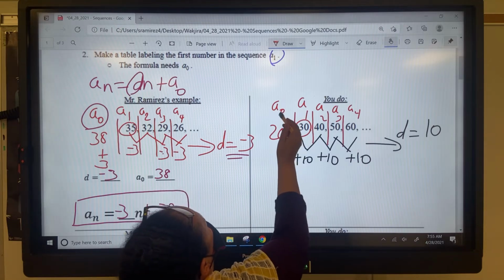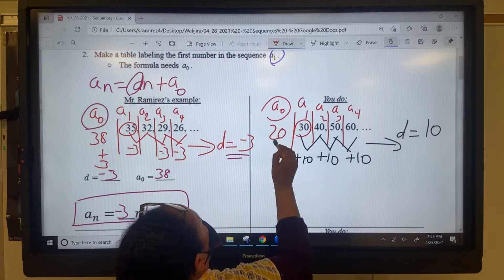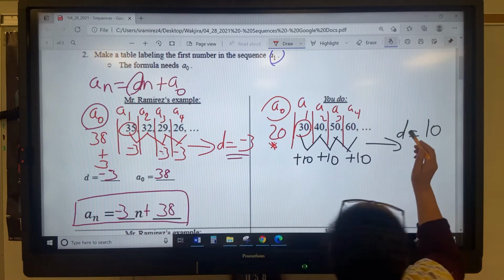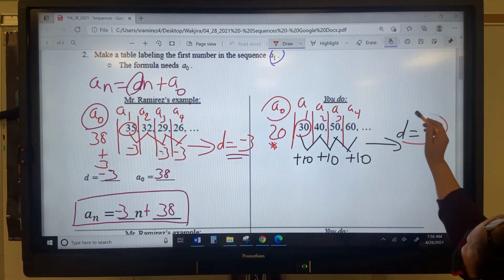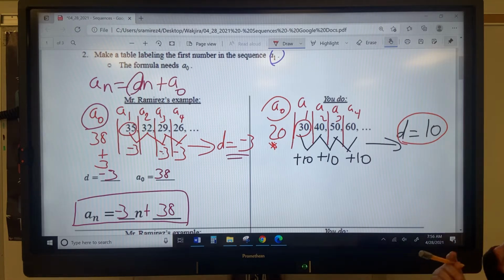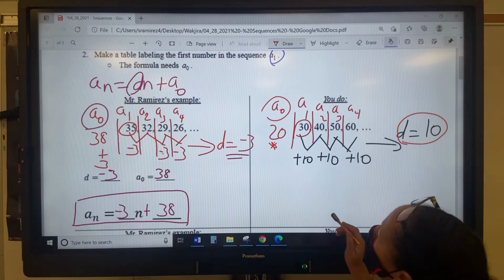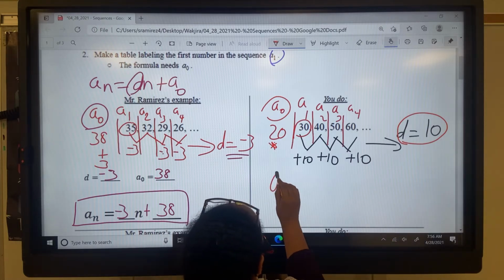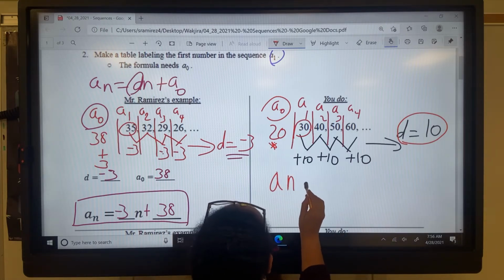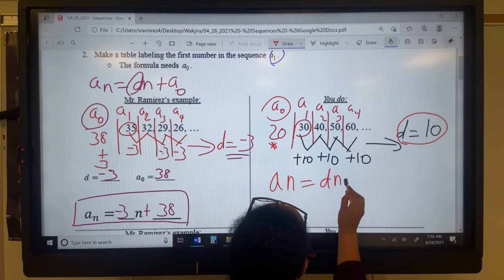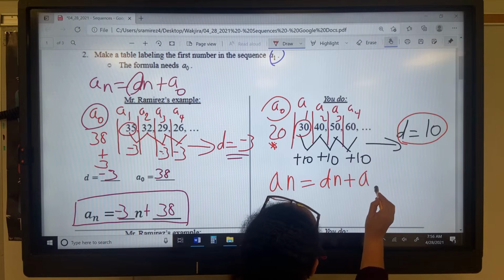Now we have our A sub 0, that is 20, and we have our D here. So all we need to do is put them in the formula. The formula is A sub n equals Dn plus A sub 0.